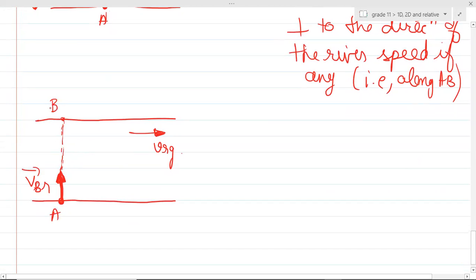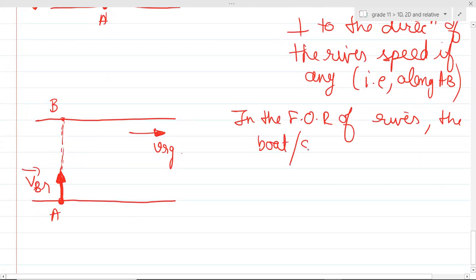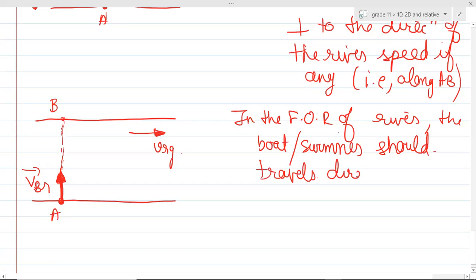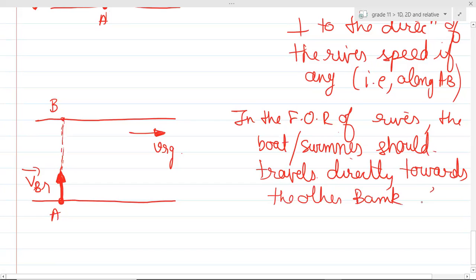But in actual water, in the frame of reference of the river, the boat or the swimmer should travel directly towards the other bank for minimum time.